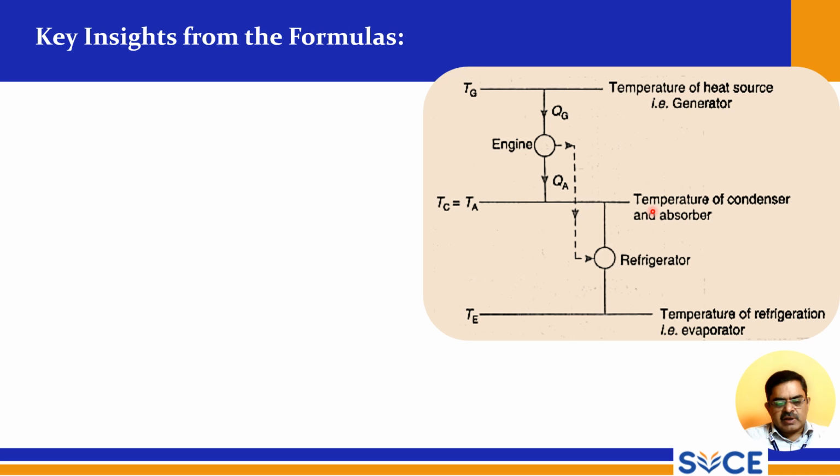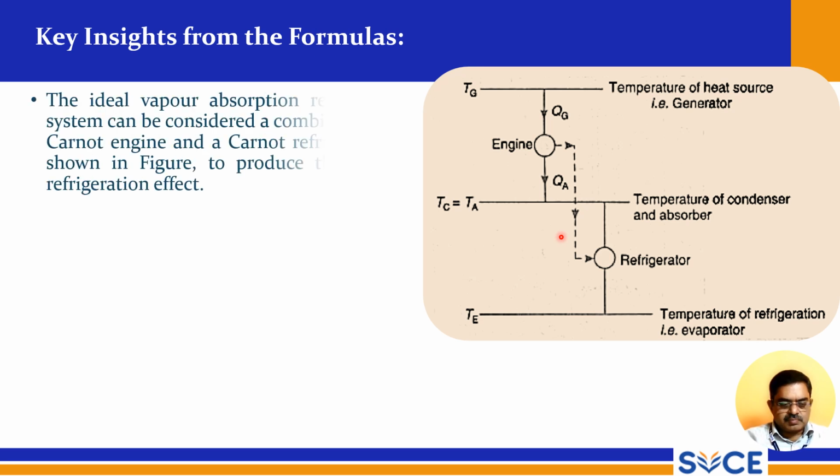So both are equal, and QA is supplied from the engine to the refrigerator. To the engine we have QG from TG, the generator temperature of the heat source, and QG is taken by the engine, and QA is given by the engine. So QA is the absorber heat energy. This is a simple diagram, you can remember it very easily, students.